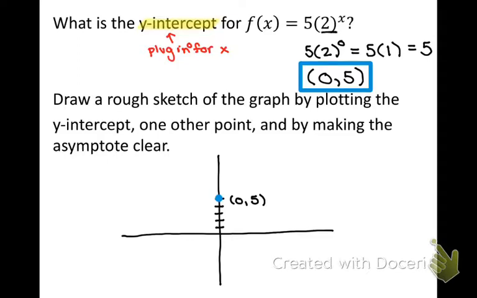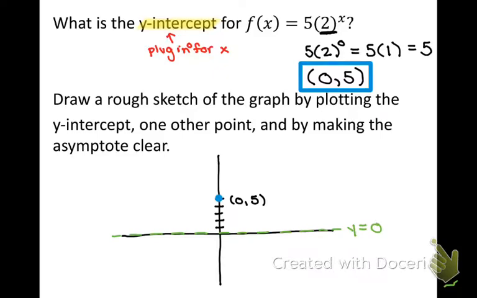That base value is greater than 1, so it is going to be increasing. We also need to make sure that we mark our asymptote. This graph does not move up or down, so my asymptote is going to stay right here at y equals 0.